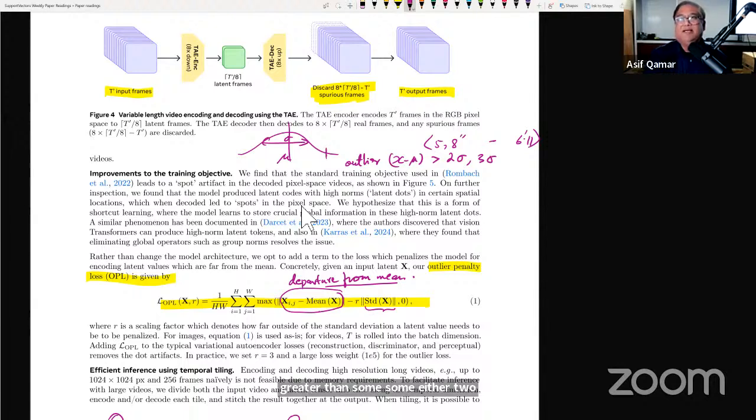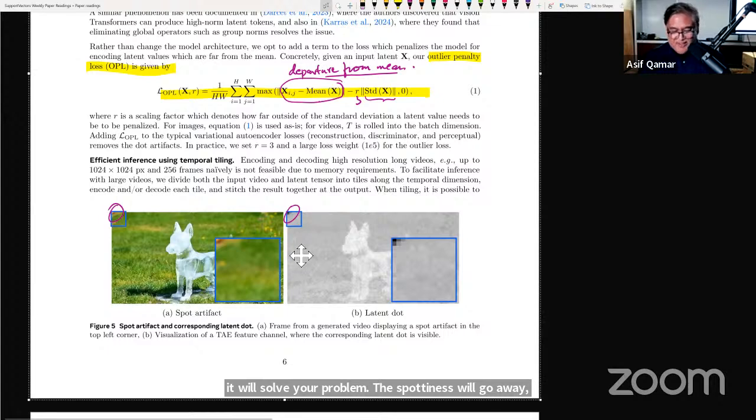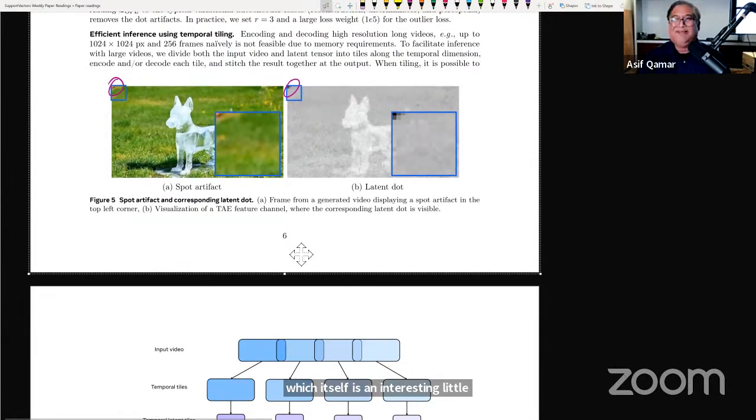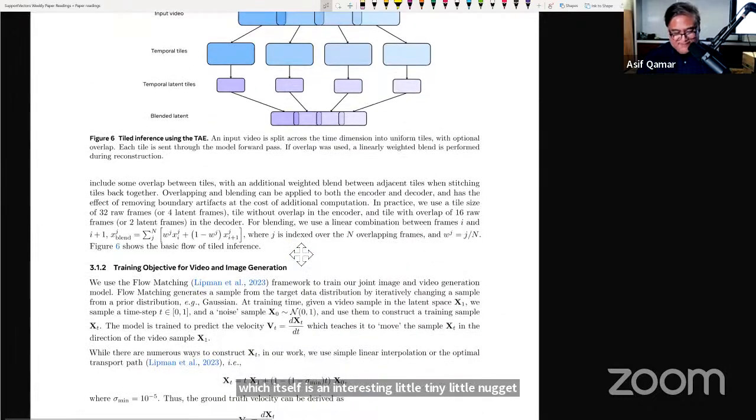You can pick that. People's definitions of outliers differ. Soft outliers are at 2 sigma and hard outliers are at 3 sigma. In their case, they just set it to three sigma, hard outliers. They say just remove the hard outliers. If you remove the hard outliers, it will solve your problem. The spottiness will go away, which itself is an interesting little nugget: they figured it out and they fixed it. That's that.